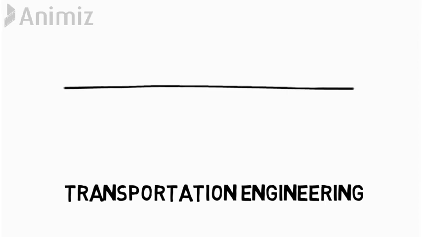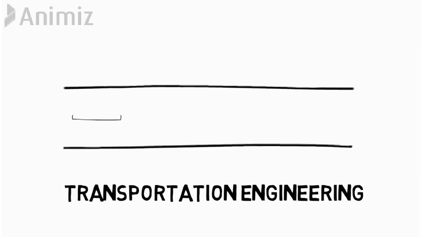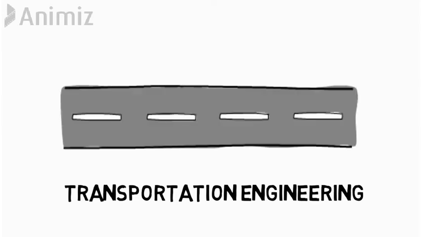Transportation engineering. Transportation engineering is concerned with moving people and goods efficiently, safely, and in a manner conducive to a vibrant community. This involves specifying, designing, constructing, and maintaining transportation infrastructure, which includes streets, canals, highways, rail systems, airports, ports, and mass transit.